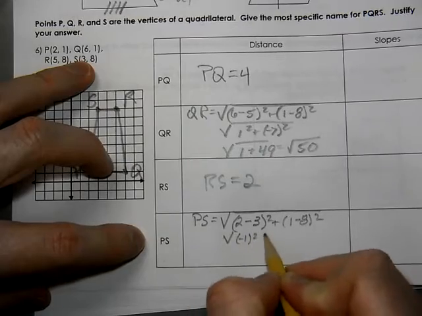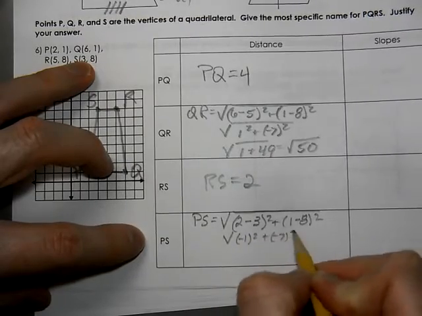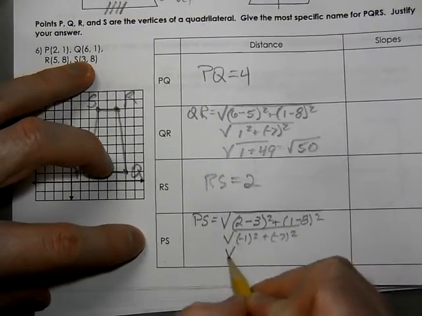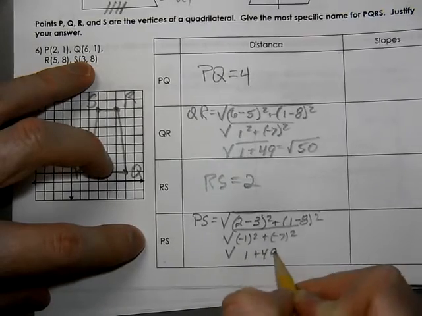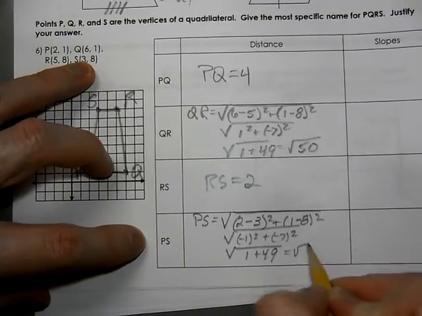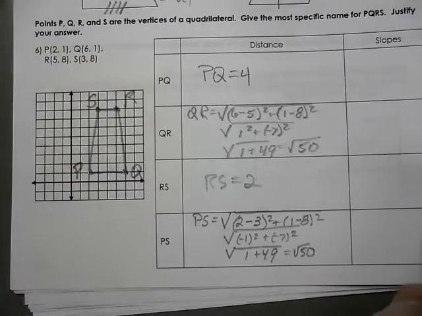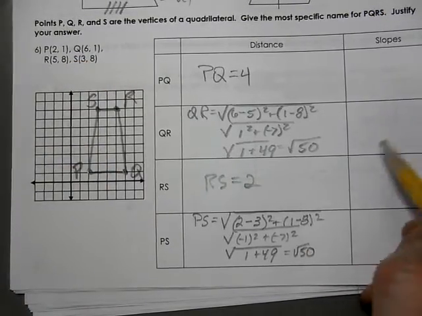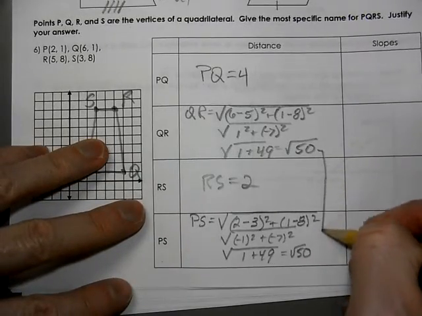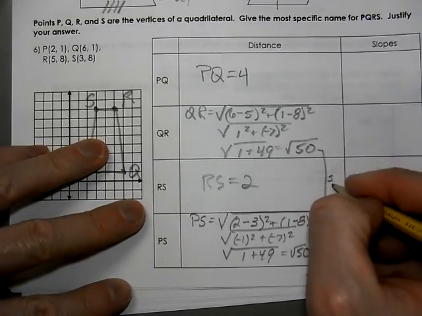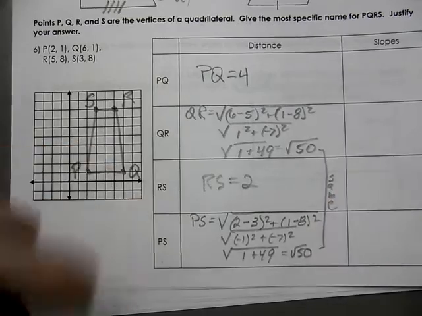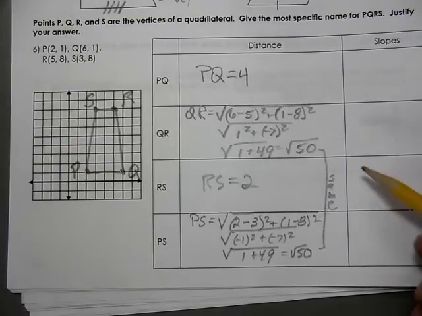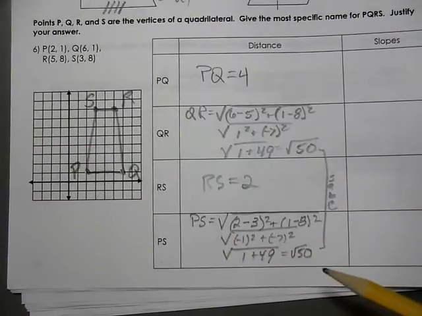Negative 1 squared, negative 7 squared. 1 plus 49, that's also the square root of 50. So because we have two sides the same, we do know we have a pair of legs the same length.